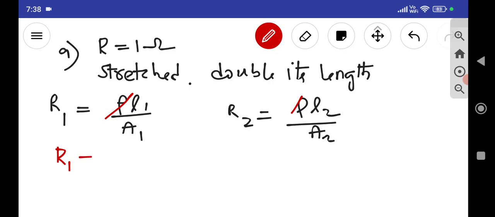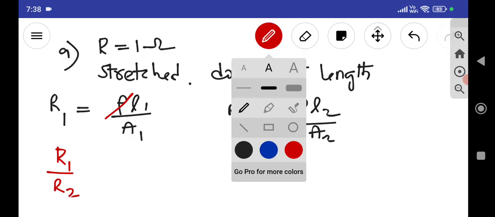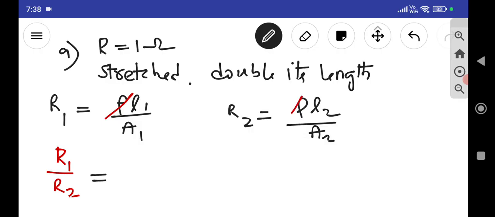So R1 by R2 will be equal to length by, if you take length as L, this is A, divided by length is doubled, so 2L by half A. Right. So area of cross section is becoming half.